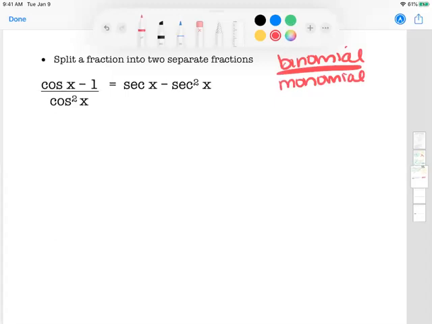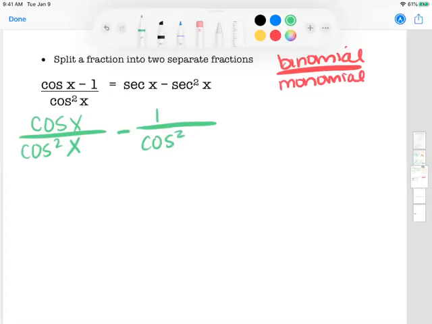Okay, so here I can split this into 2 separate fractions. This would split into cosine x over cosine squared x minus 1 over cosine squared x.